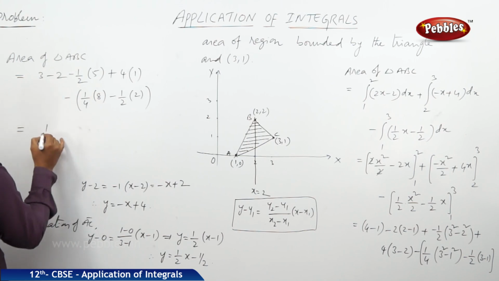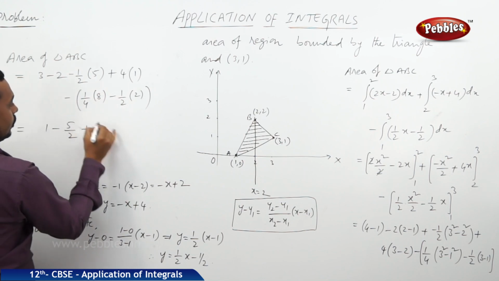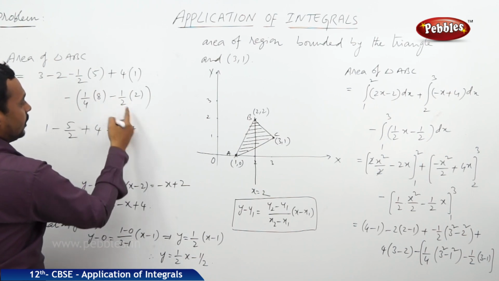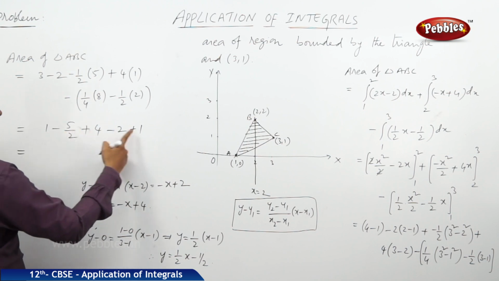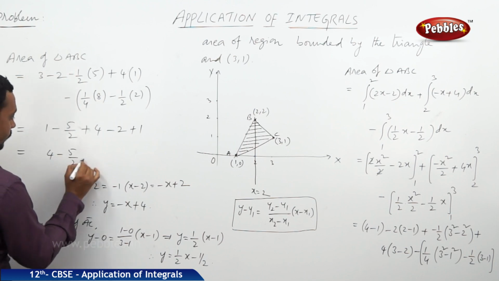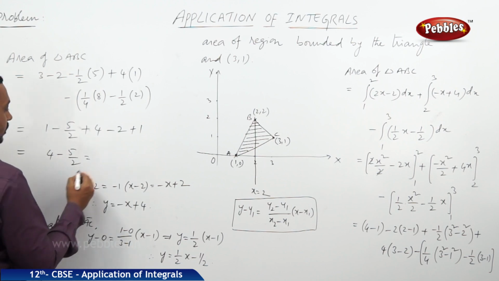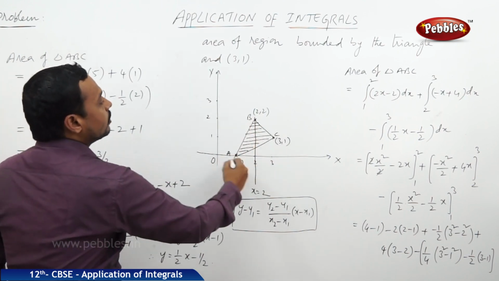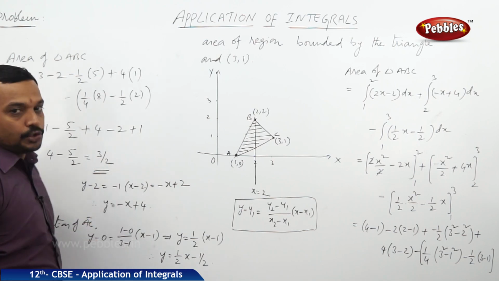Therefore, it is 3 minus 2, 1, minus 5 by 2. It is plus 4. This is minus 8 by 4, 2, minus of minus plus 2 by 2 is equal to 1. So finally this is 2, 1 plus 1, 2, minus 2 gets cancelled. It is 4 minus 5 by 2. When we take LCM, it is 8 minus 5, 3 by 2. Therefore, the area of the triangle formed by the given vertices is equal to 3 by 2 square units.